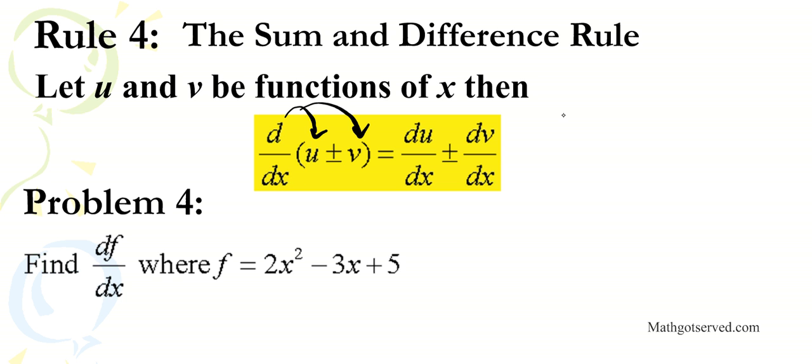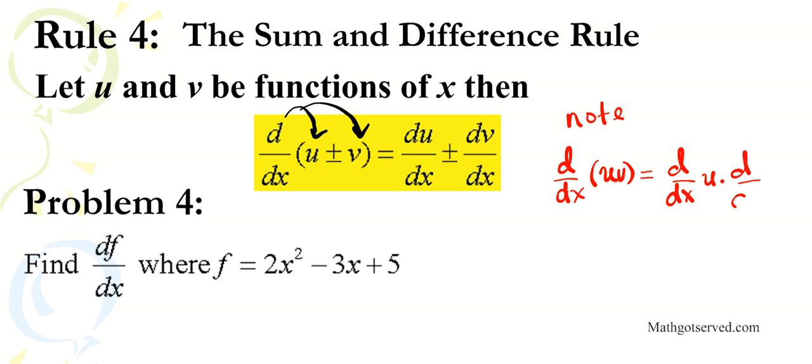But note, you have to be really careful about this. The derivative of a product is not equal to the individual derivatives, d/dx of u times d/dx of v. This is wrong. You can distribute the derivative over sums or differences, but you cannot distribute the derivative over a product, and you cannot distribute it over a quotient.